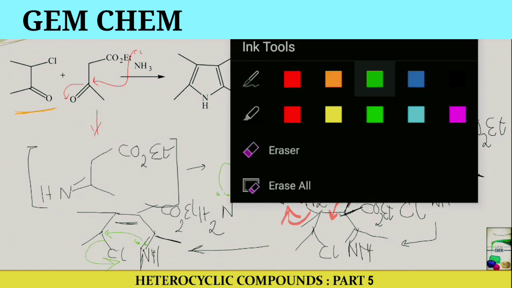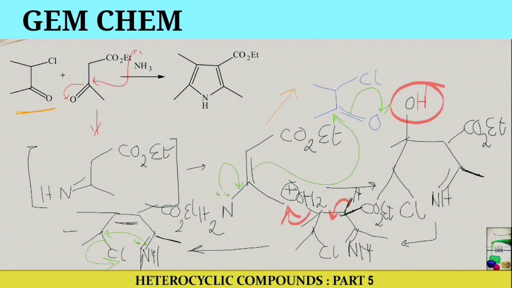So finally what we get is like this: N and H present, the methyl groups, a double bond, and nitrogen will carry a positive charge. This will have a double bond and CO2Et. Now we will continue on the next page.